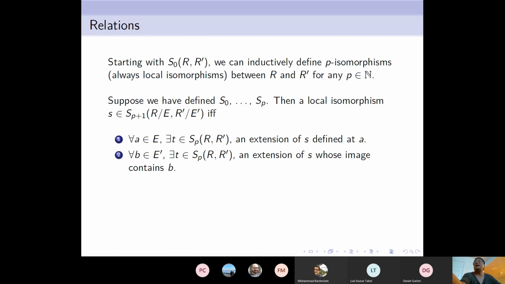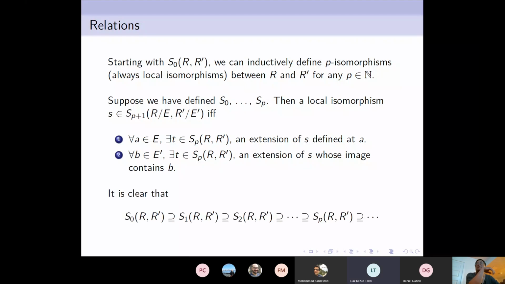For any element B in the image E prime, we can find a local isomorphism T in SP whose image contains B. So that means if we keep adding elements either from the domain or from the image, we can always find a local isomorphism from the previous P isomorphism that contains the new element, either from the image or from the domain.